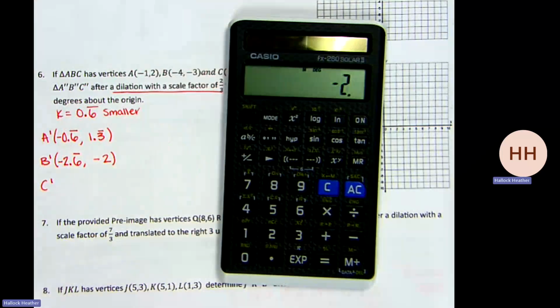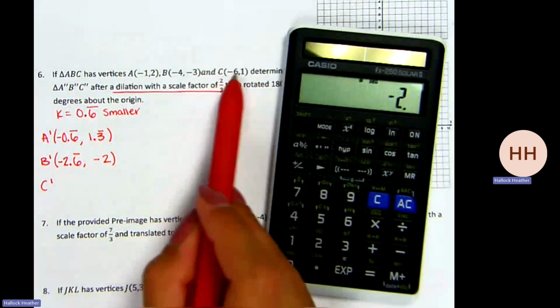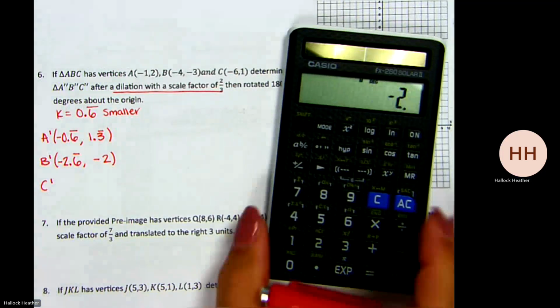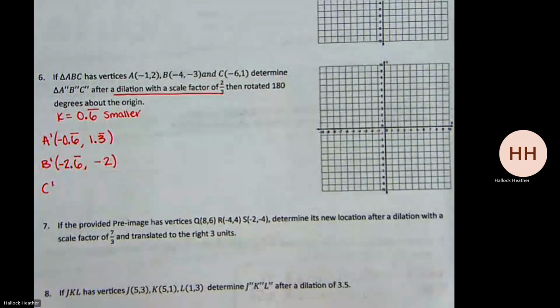So try to find C prime using -6 and 1. Try to see if you can use your calculator properly.